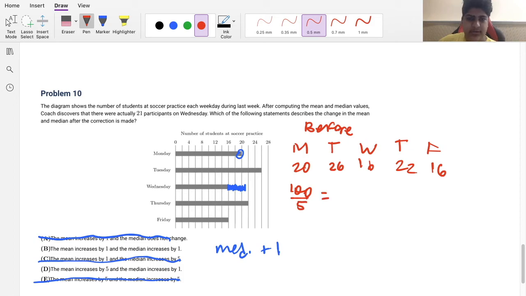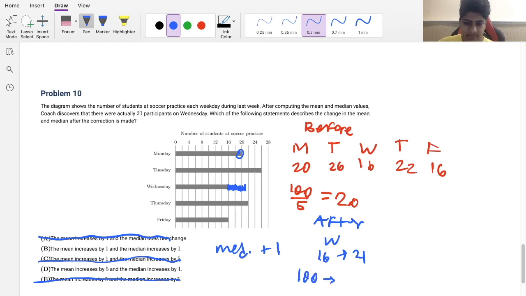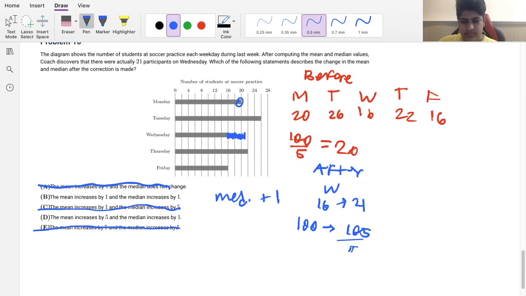Now, afterwards, we have that Wednesday changes from 16 to 21, which means that the total sum changes from 100 to 105 divided by 5, which means that the average goes from 20 to 21. So that means that the mean also increases by 1, which means that our answer is choice B, and we are done.